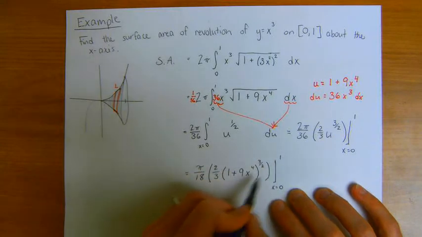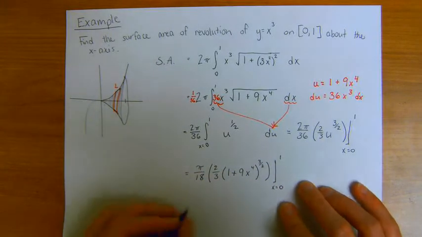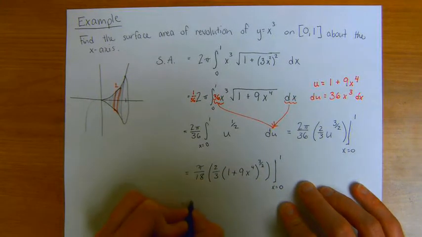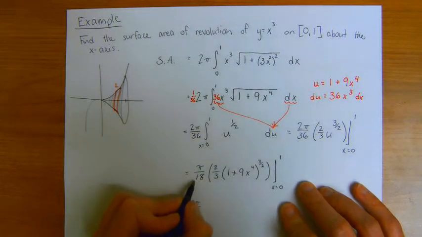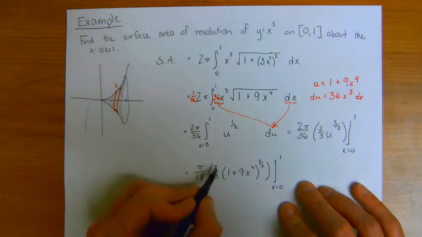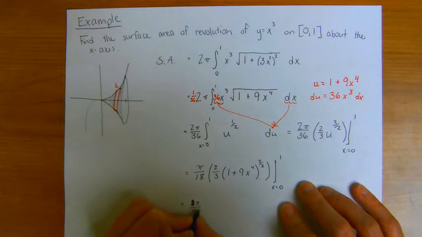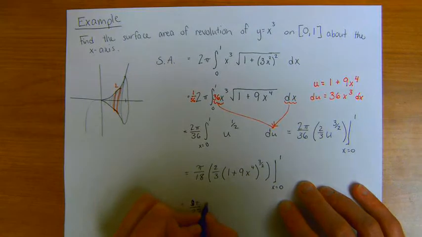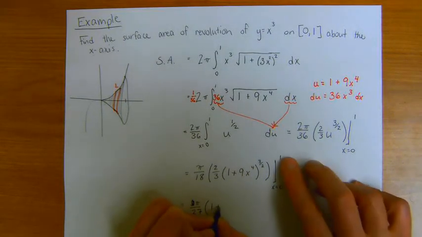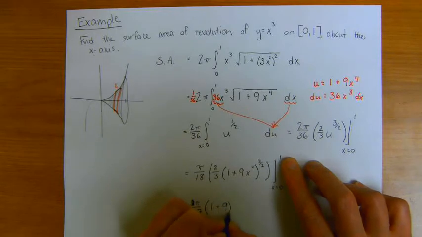Let's just plug it in, and it gets a little messy. Plugging in 1, I end up with 2 pi over, what's 18 times 3? I don't know, so I want to multiply this out first. 2 divided by 18 is 9, and 9 times 3 is 27. So pi over 27 is my outer coefficient. And then I have 1 plus 9 to the 3/2.